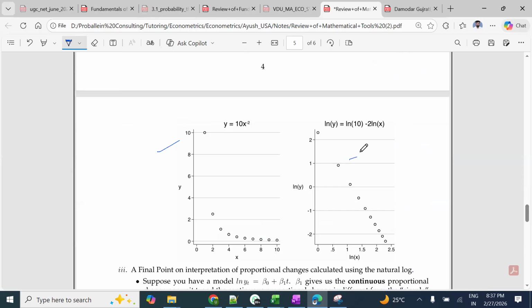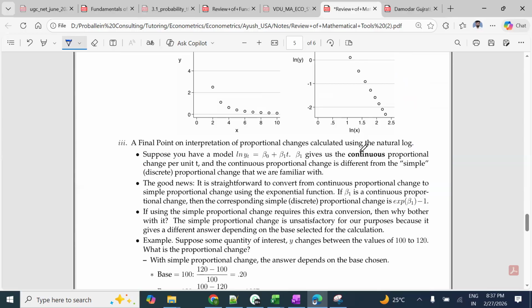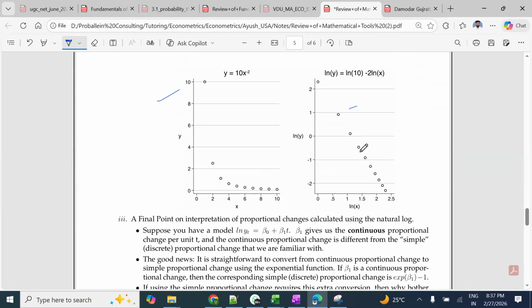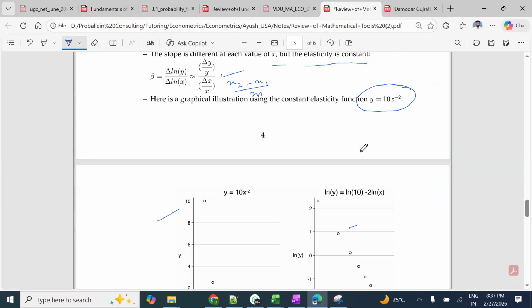And third, what you can do, you can take ln, as Bhakti ma'am told, ln of 10 x to the power minus 2.